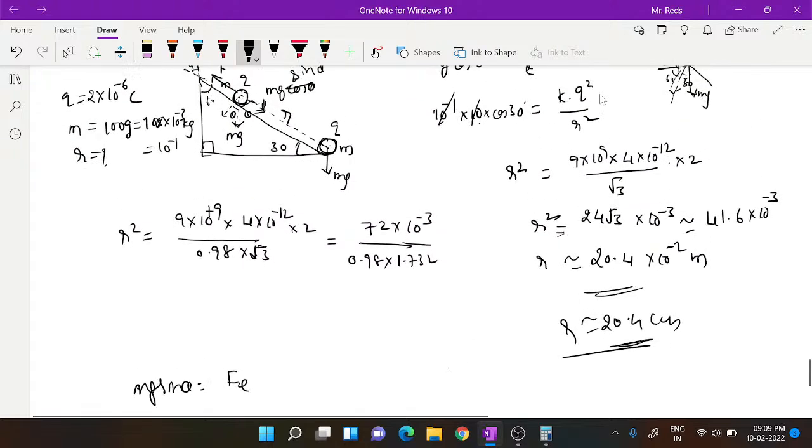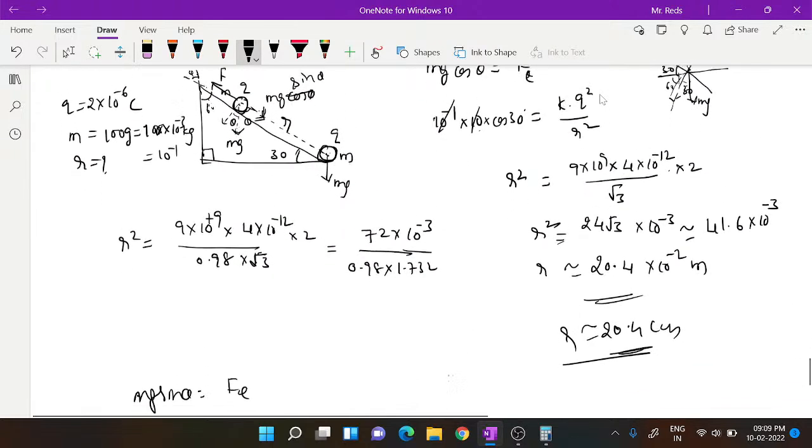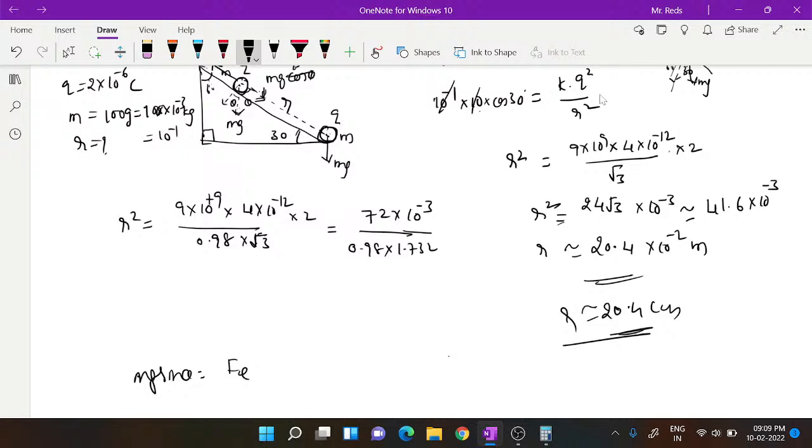Then, these calculations, here itself directly if you substitute, if root 3 is not there, 9 into 4 into 2, 72, right? 72 r square equal to 72 into 10 power minus 3, or you can write 7.2 into 10 power minus 2, or 720 into 10 power minus 4.